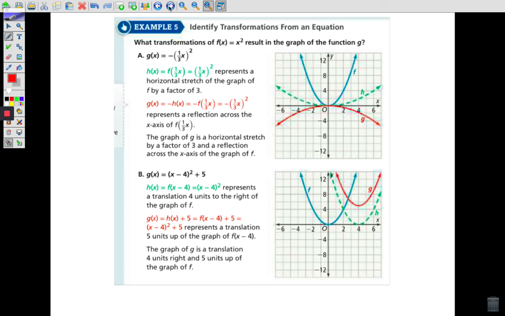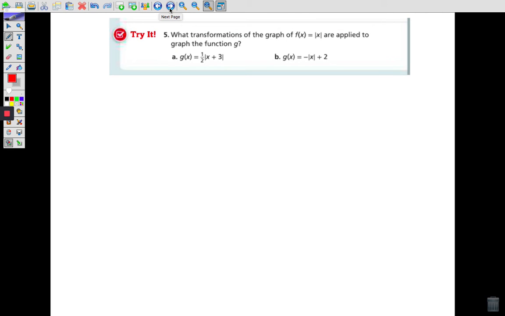So we've got 2 practice problems here. What transformations of the graph of f of x equals the absolute value of x are applied to the graph of the function g? So let's break it down. Let's take a look at our first thing we come across. That's an a value. If a is 1/2, you can go back to that worksheet we filled out at the beginning of today. If a is 1/2, what does that tell me? Remember that worksheet we filled out at the very beginning of class today?